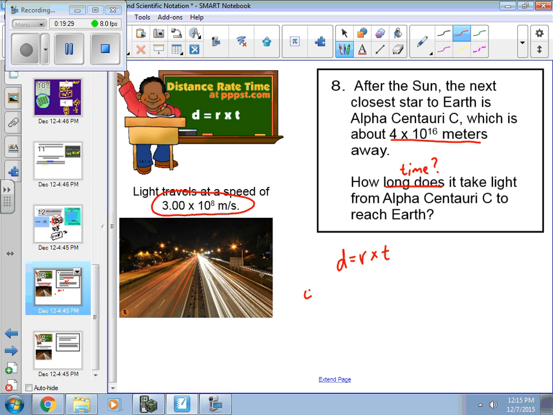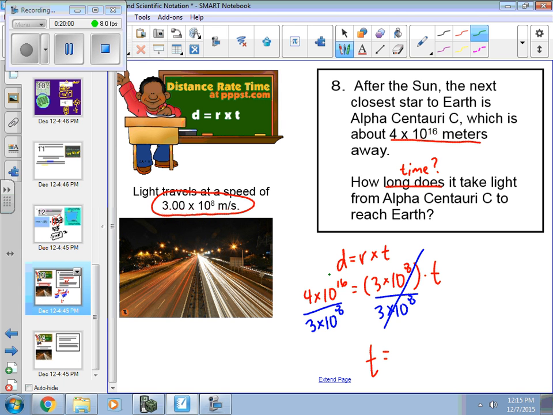Our distance is 4 times 10 to the 16th. Our rate is 3 times 10 to the 8th multiplied by our time. Well, if we're going to solve this and we want to get t by itself, it looks like we're going to have to divide both sides here by 3 times 10 to the 8th. So that cancels out.